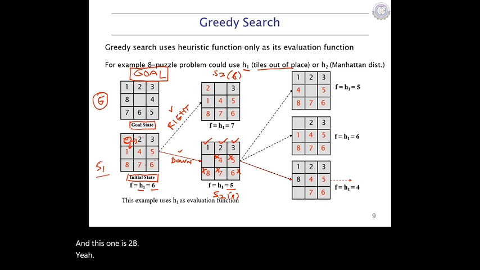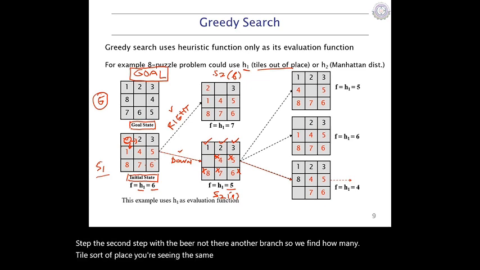So in S2B, the second step with B, another branch, we find how many tiles are out of place, using the same method as we have done in the previous state, S2A.